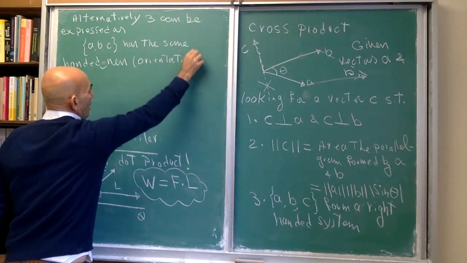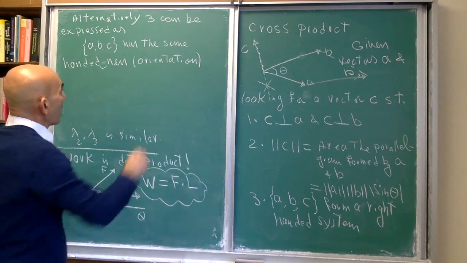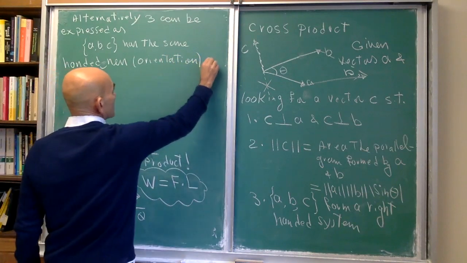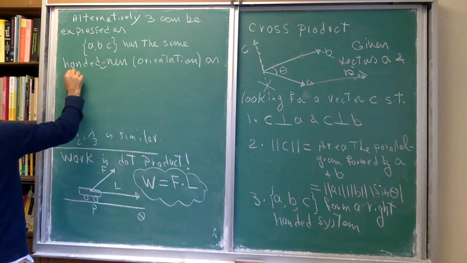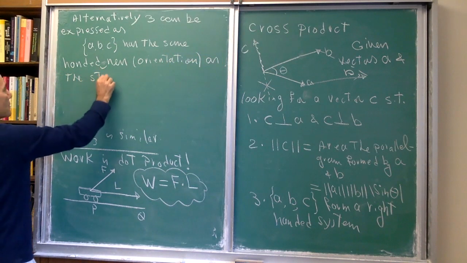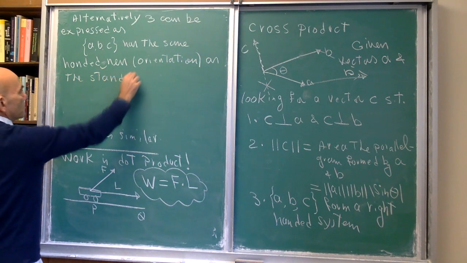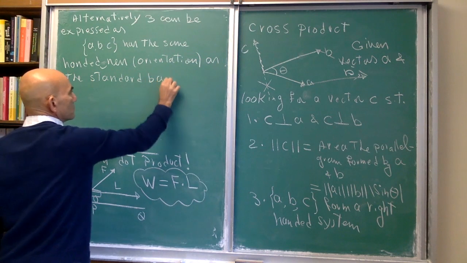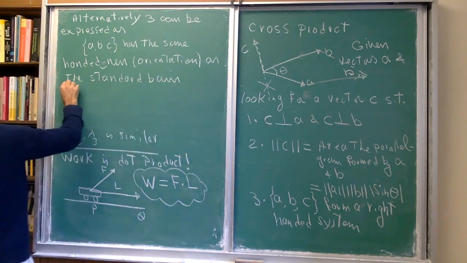You can say chirality as well. It has the same handedness as the standard basis i, j, k.